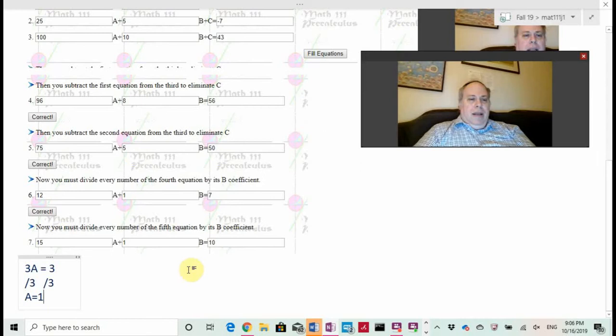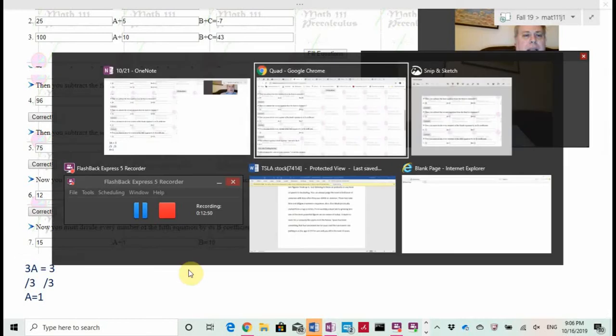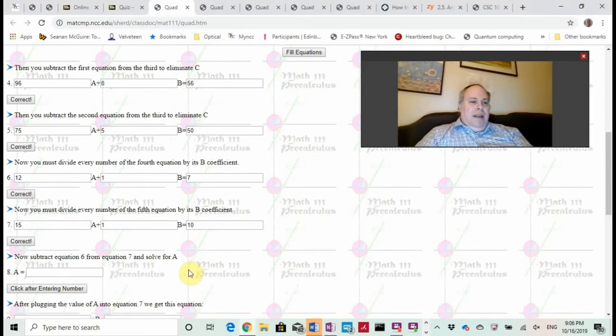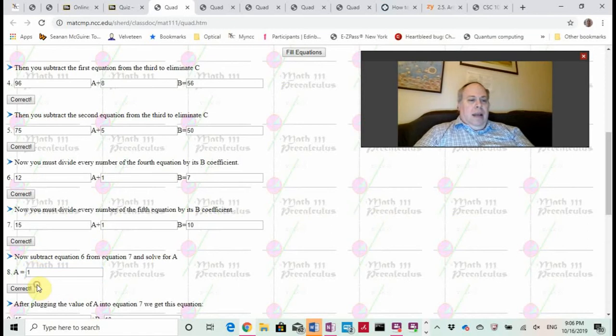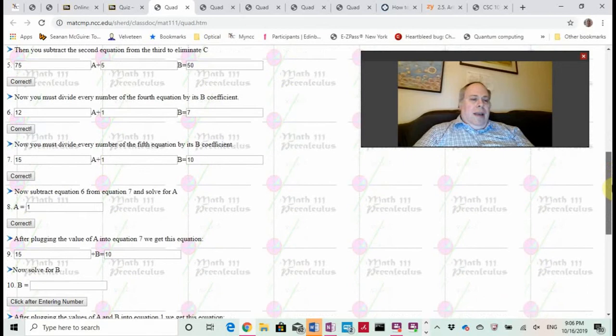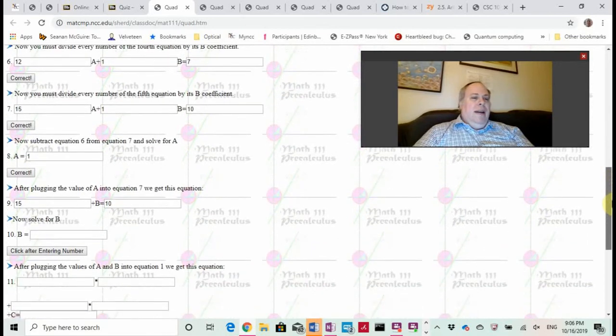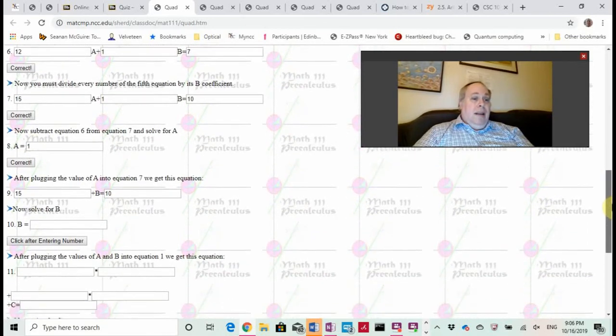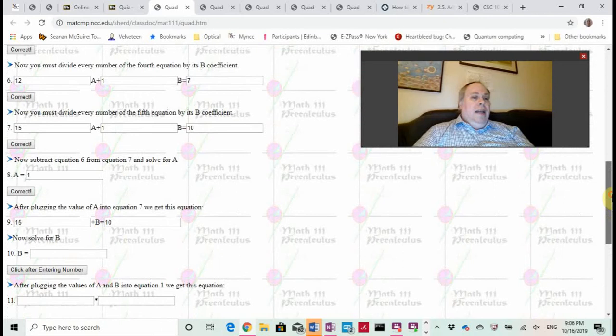Now I go back to the tool and put this result I've just figured out into here. A equals 1. And I click here. It's correct! Yay! So a is really equal to 1. So now I know it's a 1x squared quadratic. Now we plug 1 into equation 7.